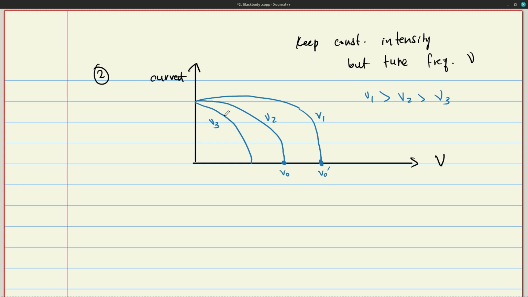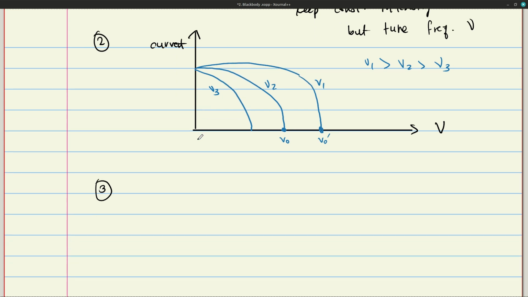So in the third result, we can do this second experiment a little bit more carefully. For example, we can just look at it. Okay, I can draw lines.